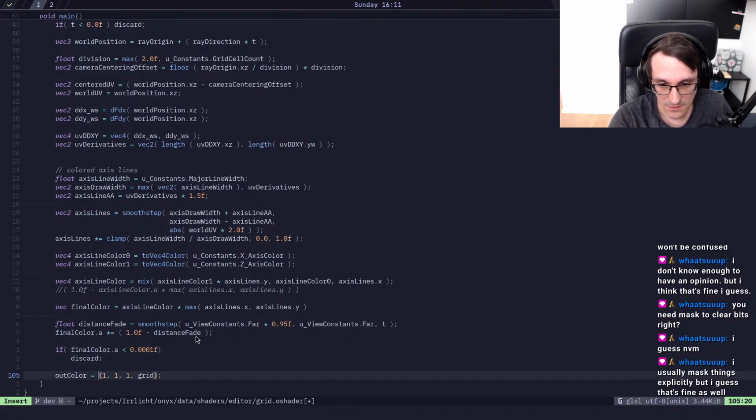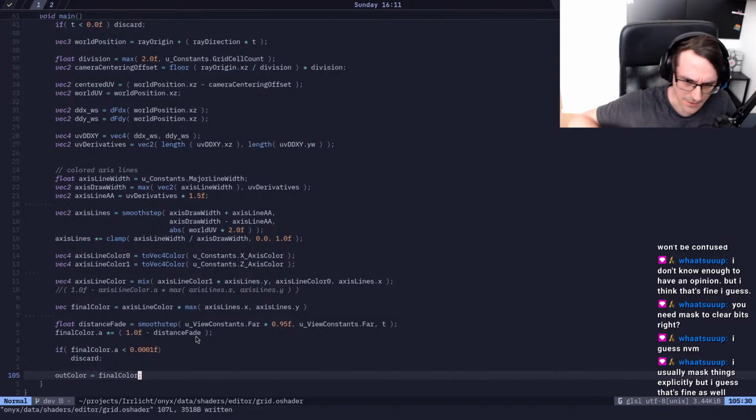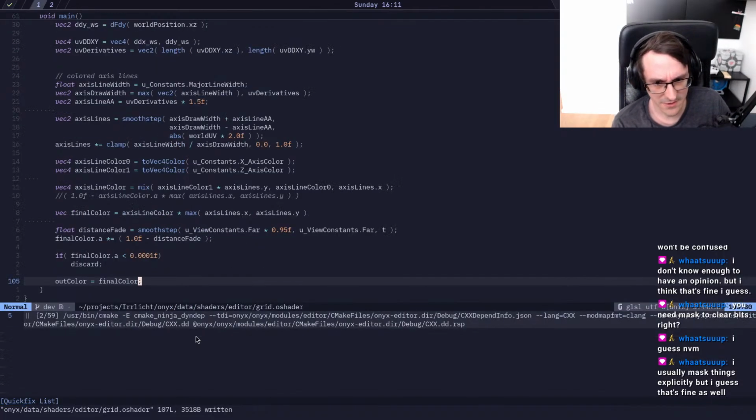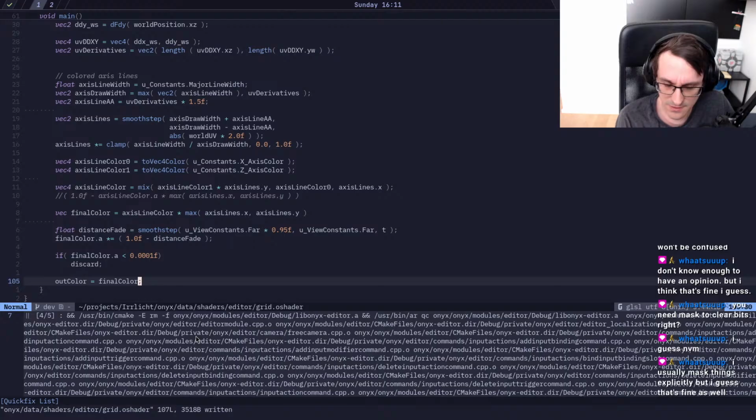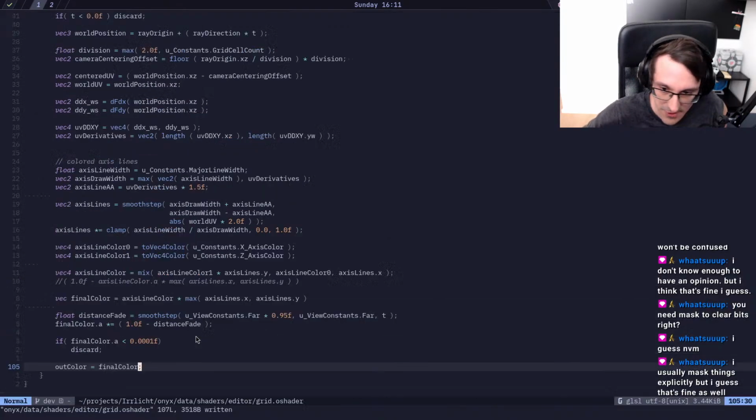Otherwise, that is our final color. I think, well, if it builds, that's the other thing. If the shader builds, that could be it. If it doesn't build, we will instantly find out.